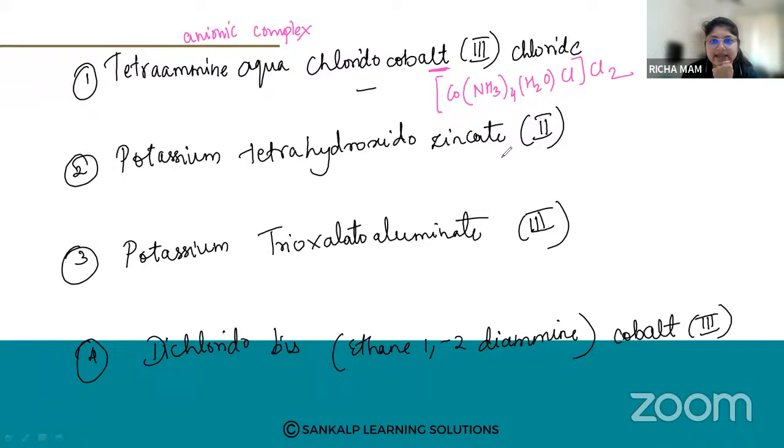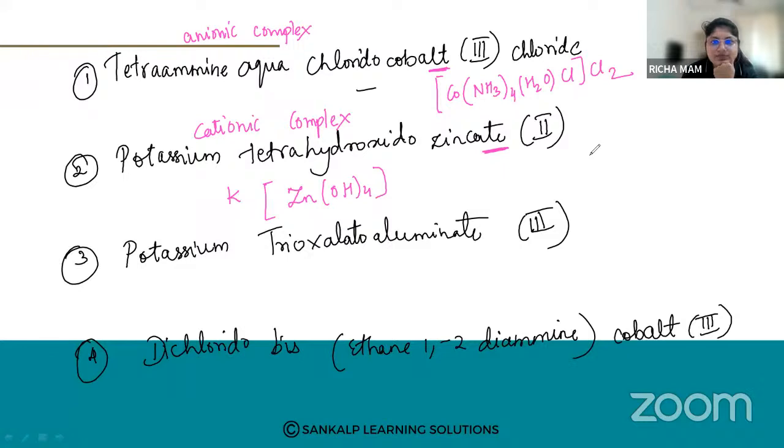So here zincate is there, ATE. So this is an anionic complex. The name of the metal is ending with ATE, so K will come outside. Then tetrahydroxido. Hydroxido means OH. So zincate means zinc and OH4.